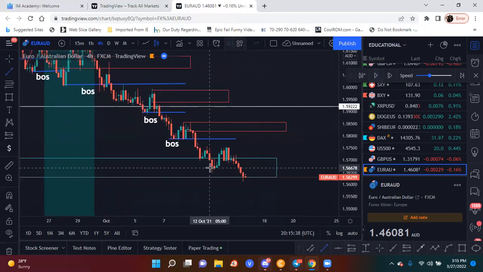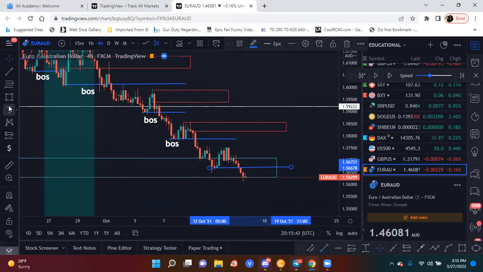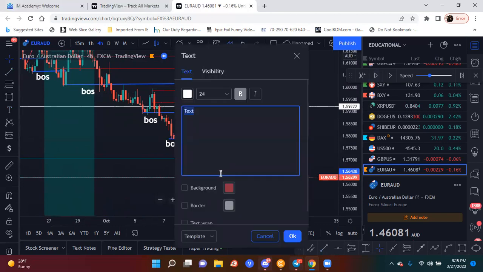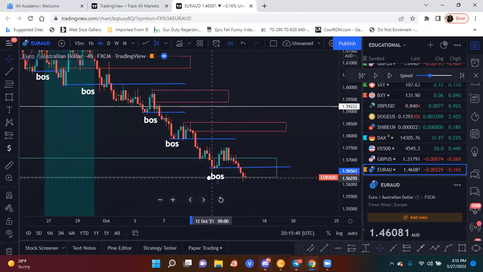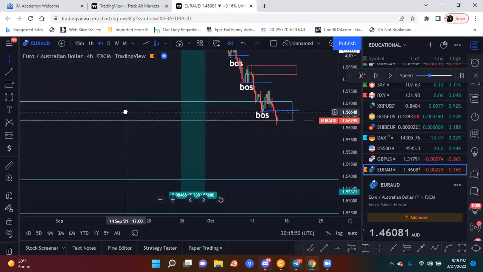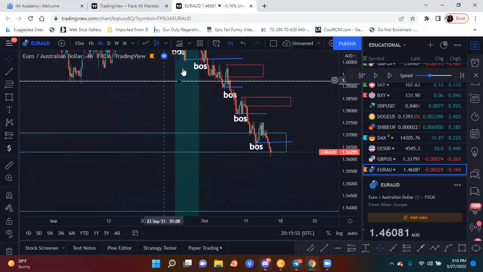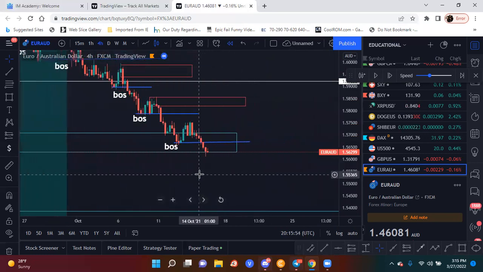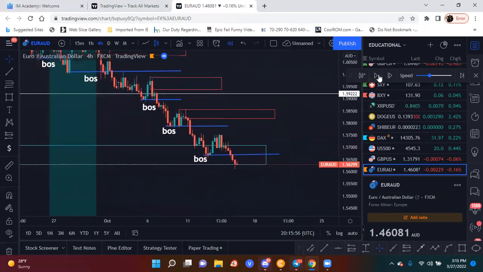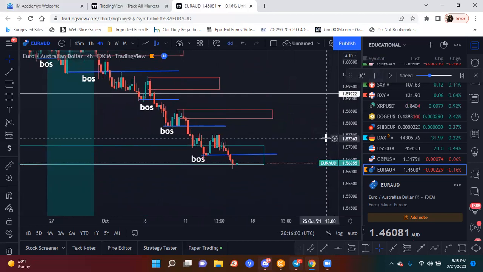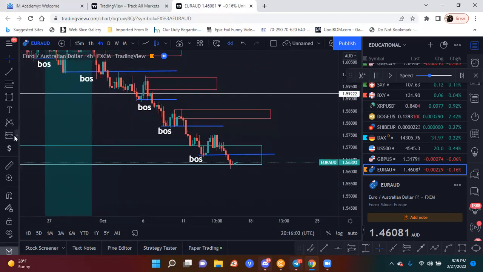Okay. Might have a breaker structure. I was trying to look for a buy off this zone. So my bias was right about this. So we're deep, deep, deep in profit. So I might take this buy.